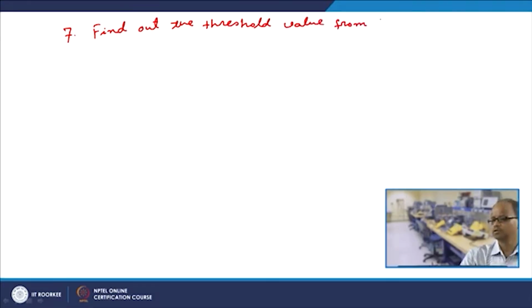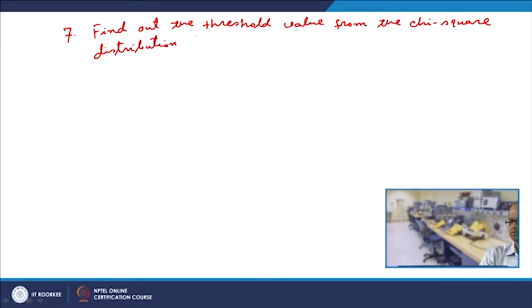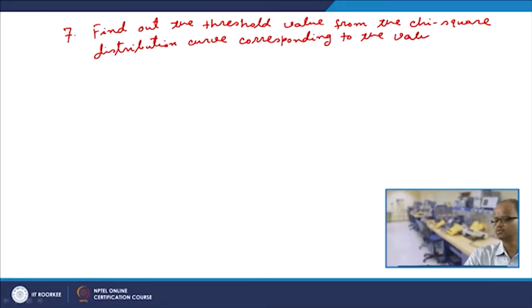Then, what is the seventh step? Find out the threshold value from the chi-square distribution curve corresponding to the values of k and alpha.